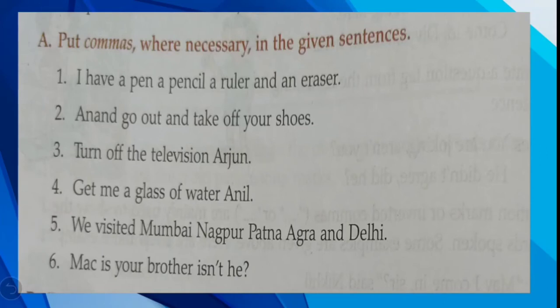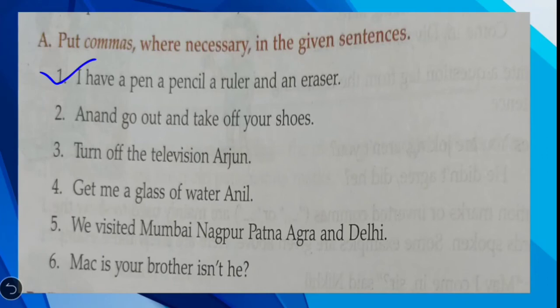Now we'll do the exercise. Look at the first sentence. I have a pen, a pencil, a ruler and an eraser. Now listen carefully, students. Look at how I'm speaking. I didn't speak like this: I have a pen a pencil a ruler and an eraser.